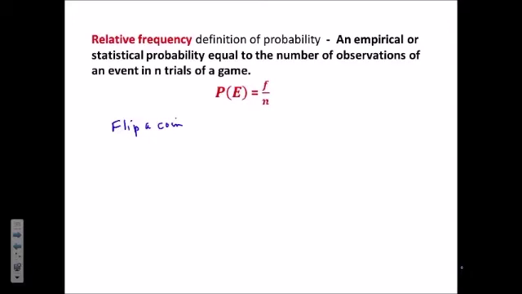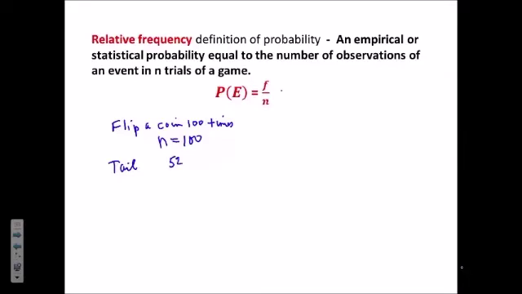So you flip a coin 100 times. That would be n. Then you take a particular event like tail, and you record the frequency of tail. How many times does tail come up? Well, maybe tail came out 52 times.